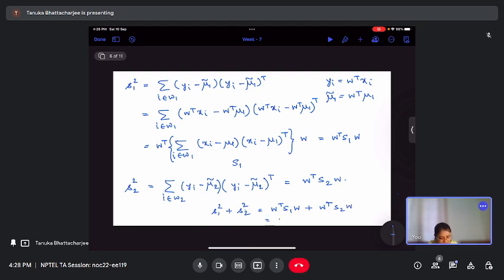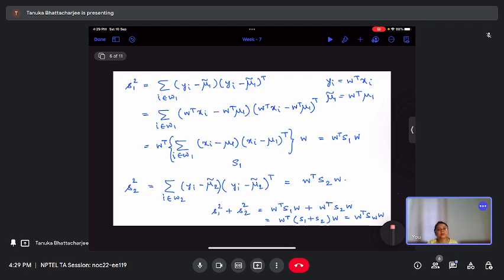And if you take w transpose and w common, this becomes w transpose (S1 plus S2) w. This S1 plus S2 we denote as SW. So, this becomes w transpose SW w. Here SW is the total intra-class scatter in the original d-dimensional space.